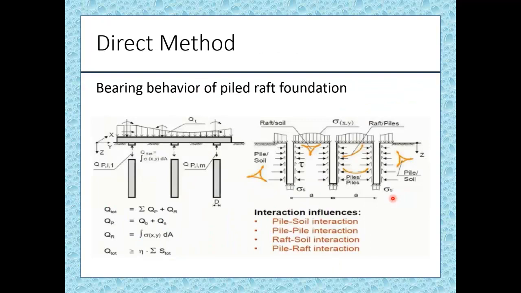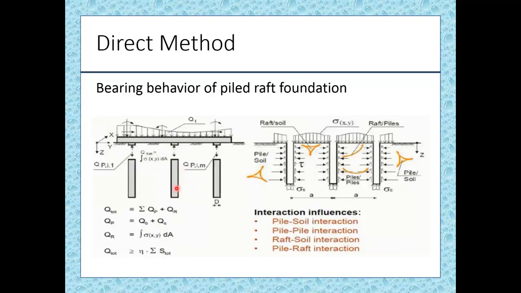Let's go ahead to the direct method. The best way to explain direct soil structure interaction is the bearing behavior of a pile raft foundation. On the left side, we have the pile separated from the raft. The raft has its own interaction with the soil around it, and the pile has its own interaction with the soil around it.